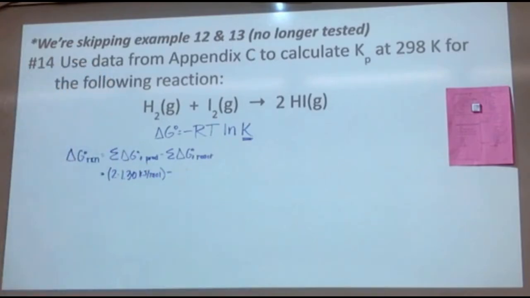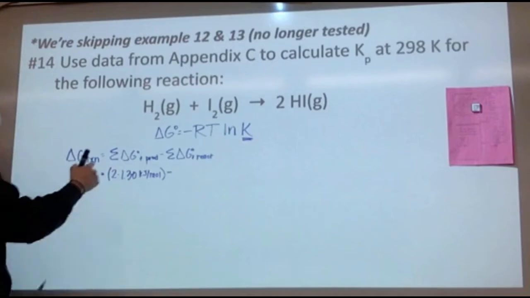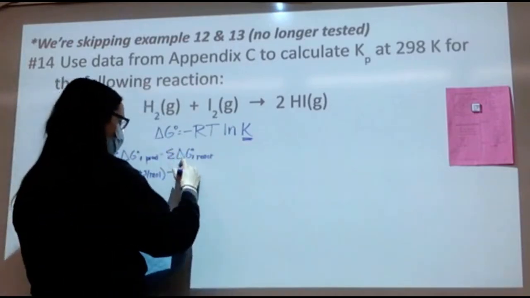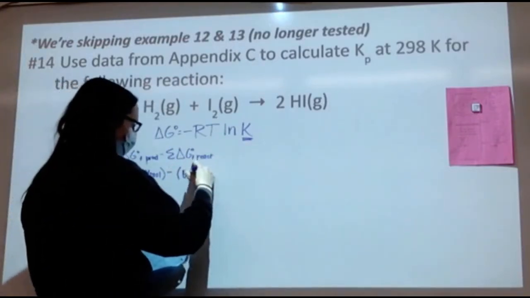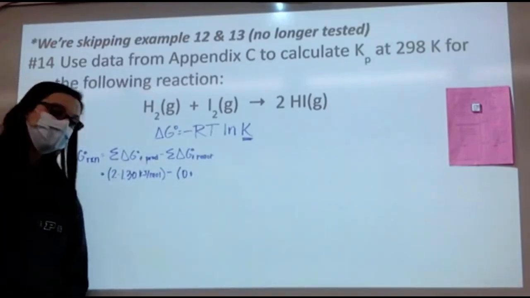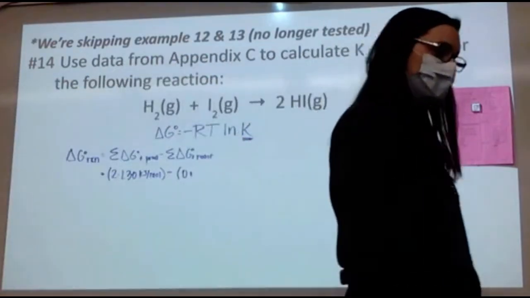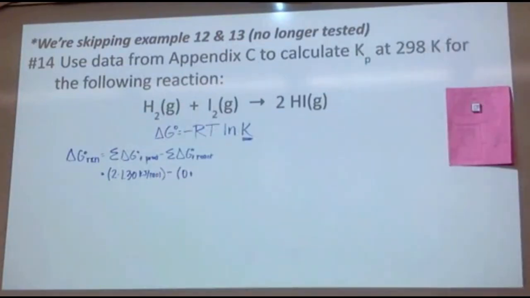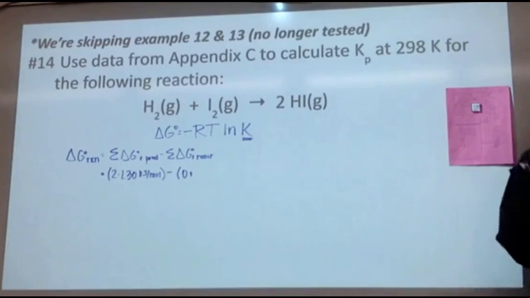Minus the free energy of formation of the reactants. Now be careful with this one. Yes, H2 is in its most stable state, so that's 0. But I2 gas is not iodine's most stable form. Iodine exists at standard conditions as a solid.